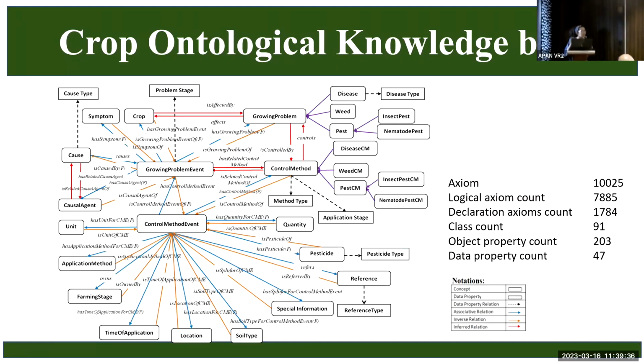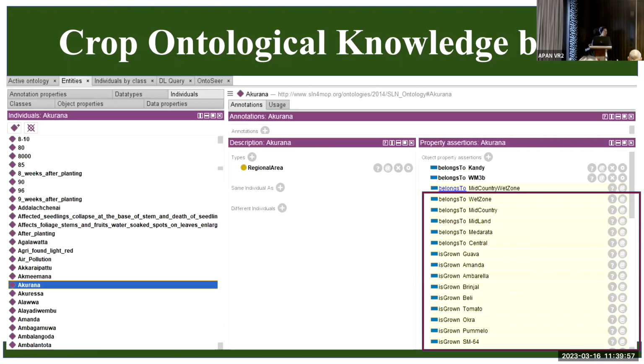The nodes are the classes. Sometimes in logics we call them concepts, and the relations between these classes we call object properties or roles. And there are some attributes that can be attached to the classes, which we call data properties when considering the OWL language.